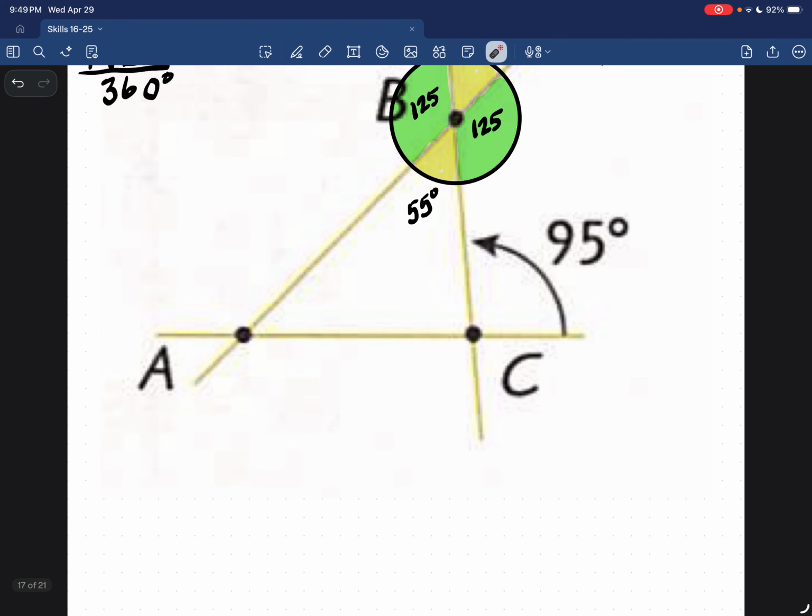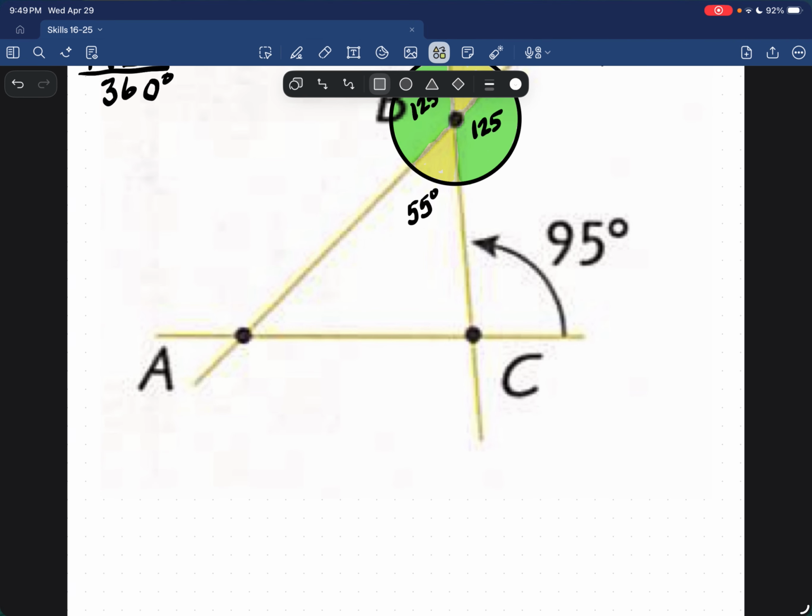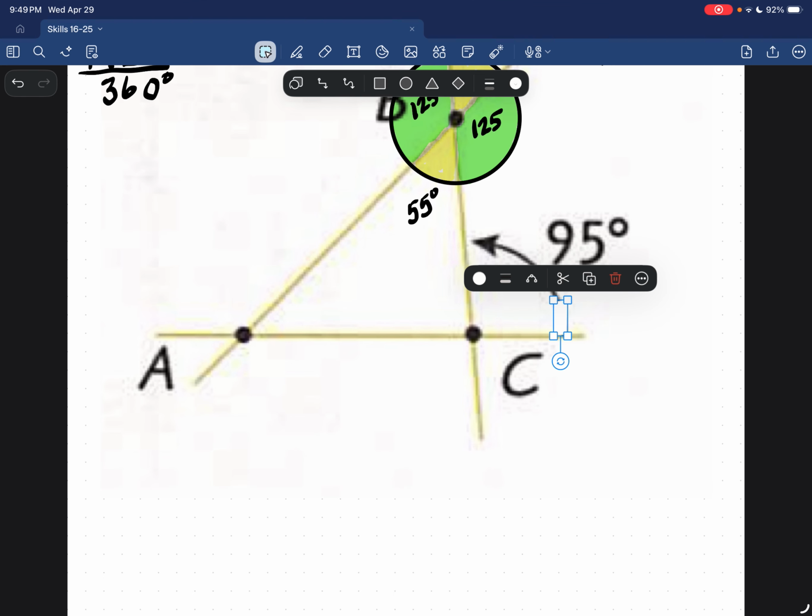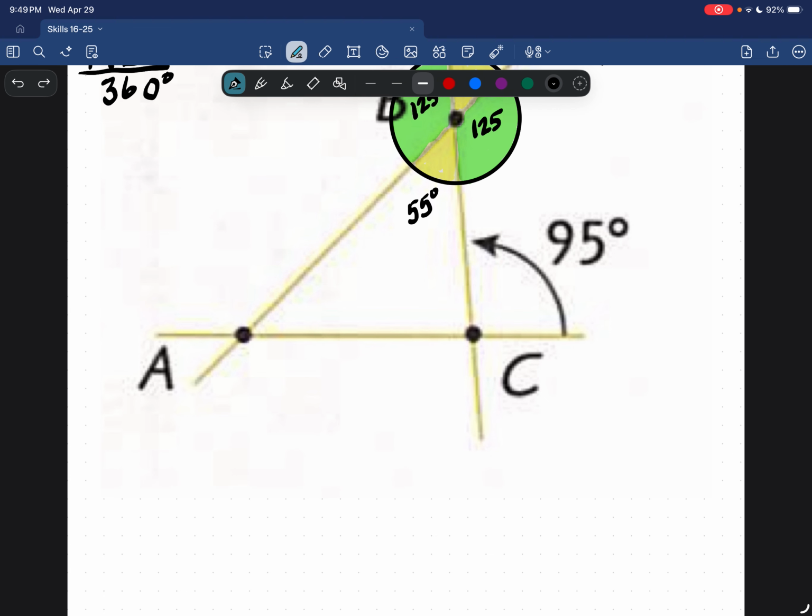That's good practice. So let me do another bow tie. This one will be different, so I'm going to use different colors. Hopefully I can do a better job on drawing this one. Let me get us to the drawing tool, and here we go. I'll do my best. So I'm going to put a circle around this intersection, and then I'm going to start coloring bow ties.